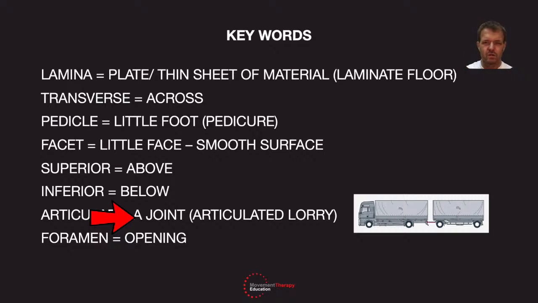There was a neural foramen, and that's where the nerves pass through. They come through that opening. In the spine, it's a bit like an archway or an oval shape. So those are key terms for today, and a bit of a recap from last week as well.